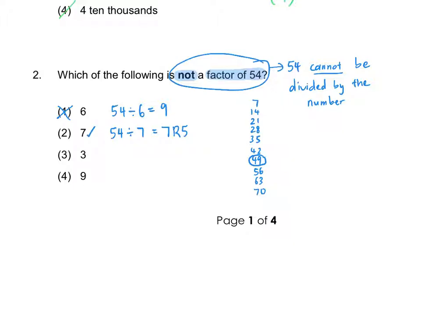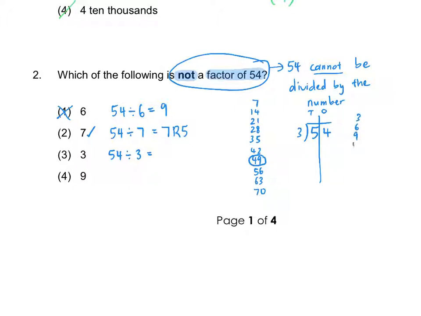Okay, but we need to go on to check the other options. Can 54 be divided by 3? Let's work it out. 54 divided by 3, tens, ones.